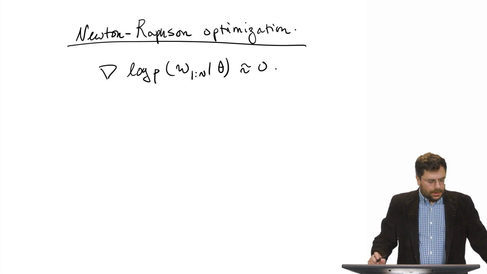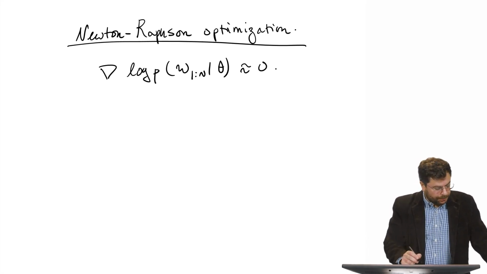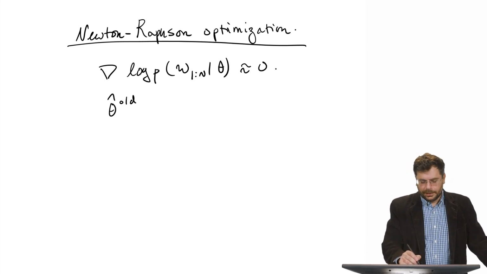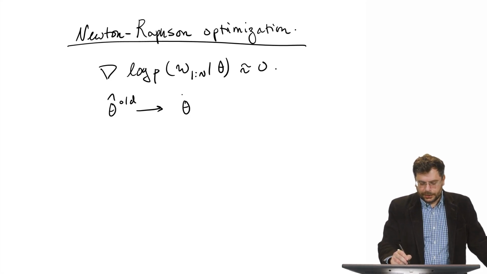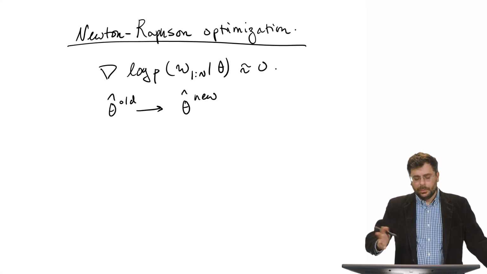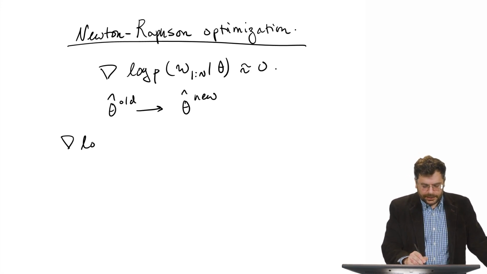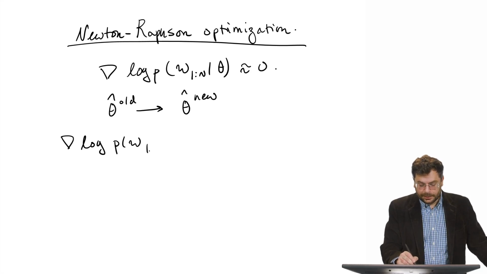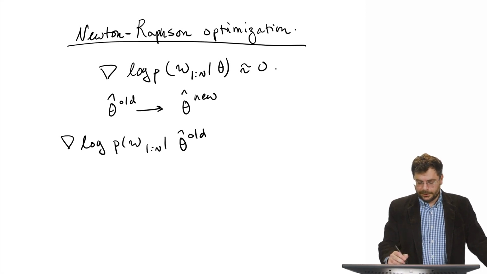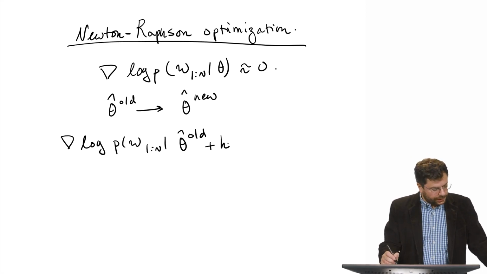Well, one possible strategy is to start by considering a theta old value, and then eventually moving on to something theta nu, where the gradient of the log likelihood is approximately equal to 0. So, in some sense, we think of expanding our log likelihood around some theta old, where the gradient of the log likelihood is not 0, and consider a perturbation upon that.